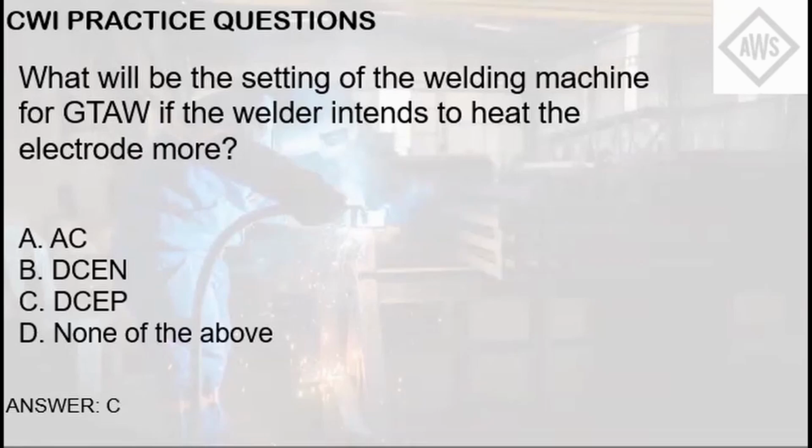They might say straight polarity or reverse polarity. I might have mixed it up, but you can search it up if you want to confirm the equivalency of DCEN to straight or reverse polarity. So you can do your due diligence as well.